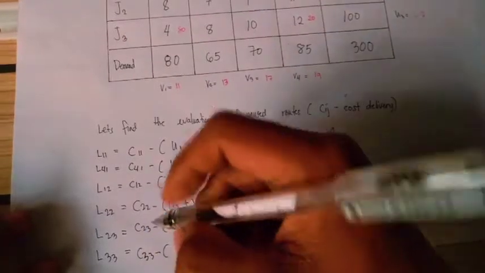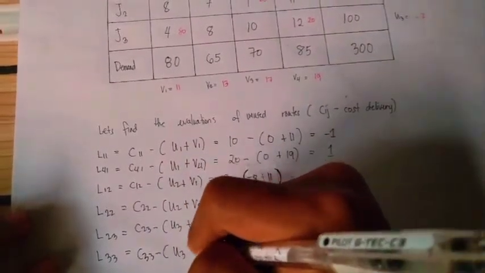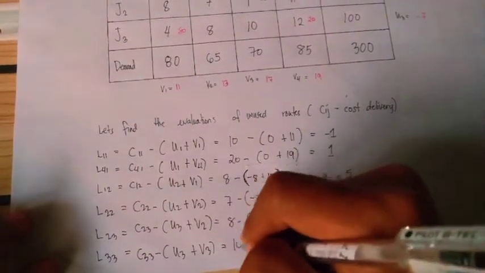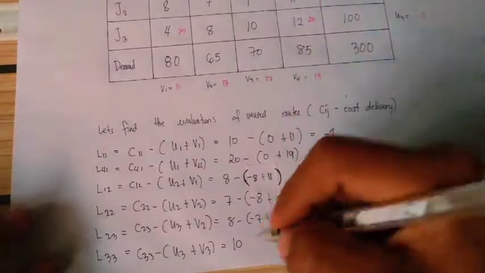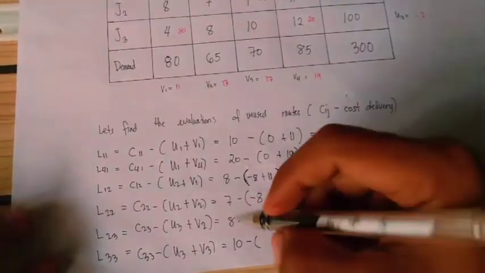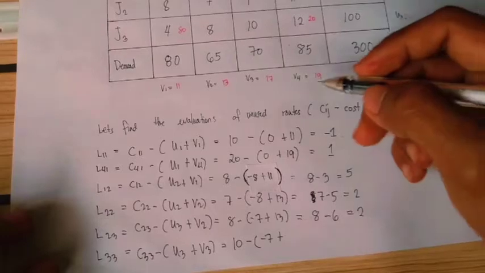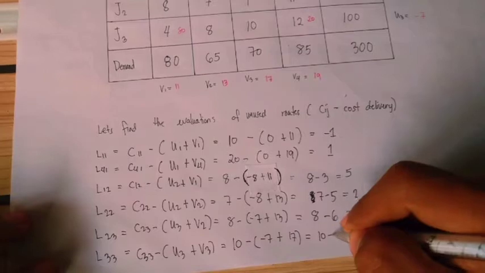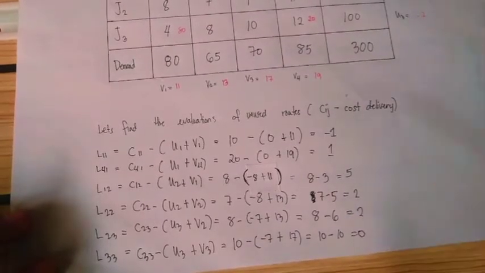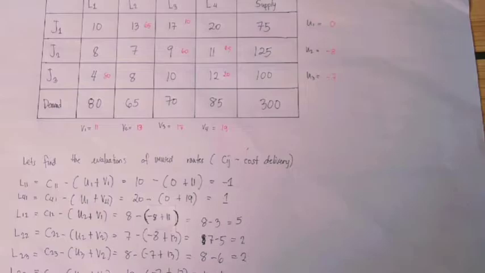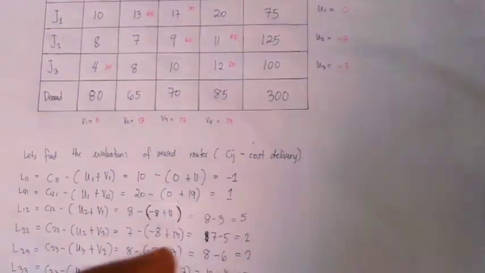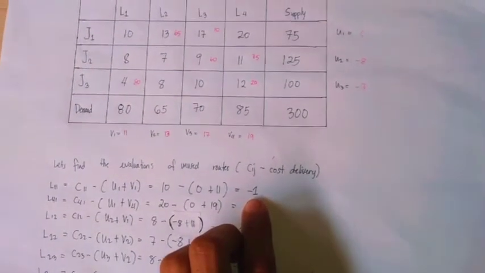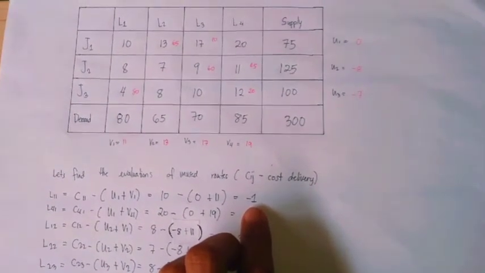P33 minus 10. And since we have a negative value of the unused rows, we are going to loop.